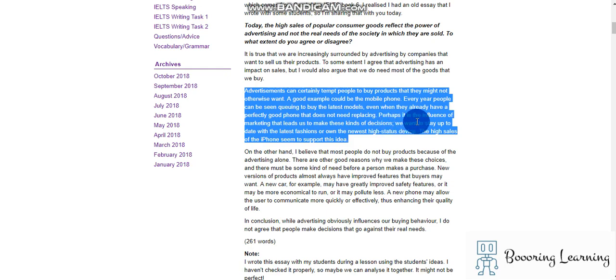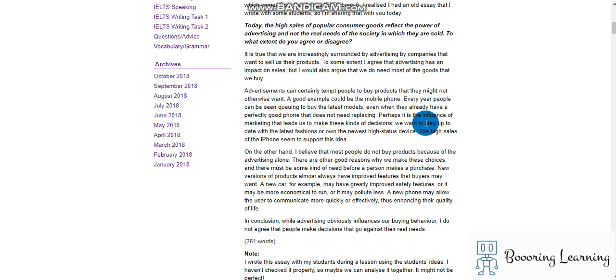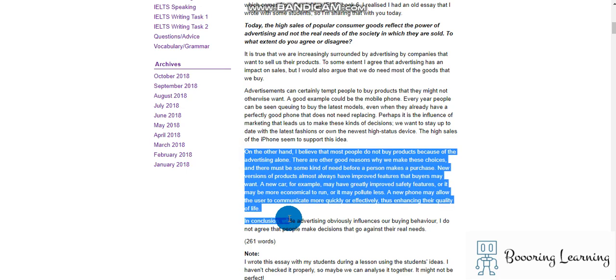We want to stay up to date with the latest fashions, or own the newest high-status device. The high sales of the iPhone seem to support this idea. Okay, so let's look at the other paragraph.